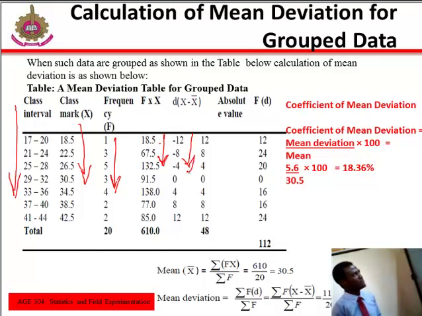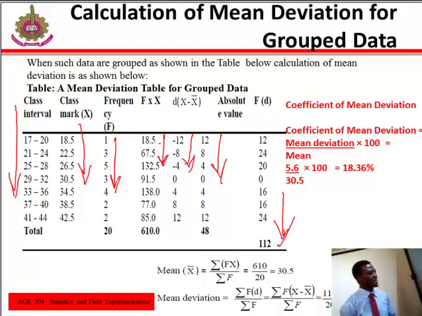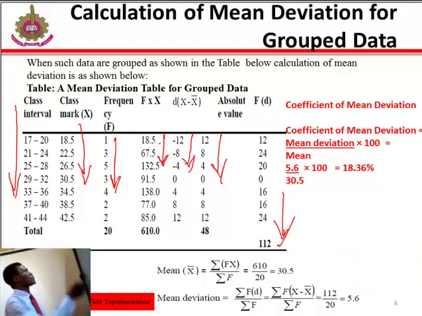We have the absolute value on the sixth column, while we have the multiplication of the frequencies by the absolute value on the last column. If we want to calculate our mean deviation, we first go through all the stages, just like I explained before, and we first obtain our mean.